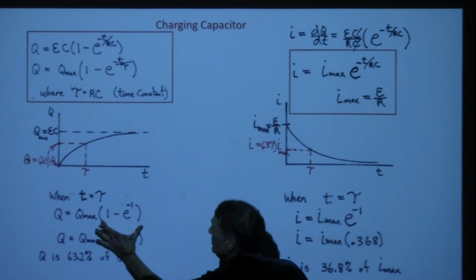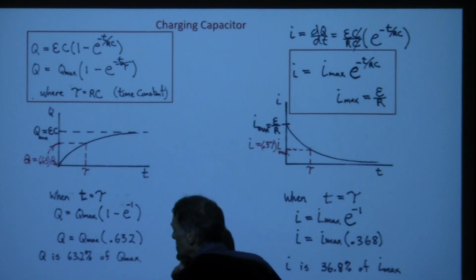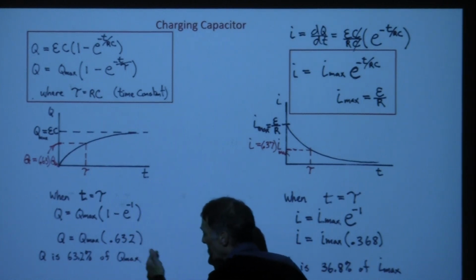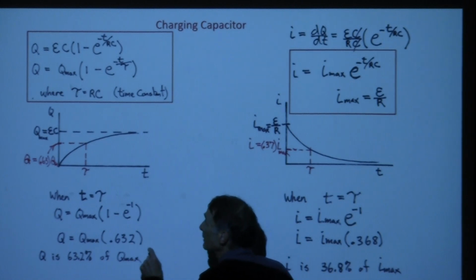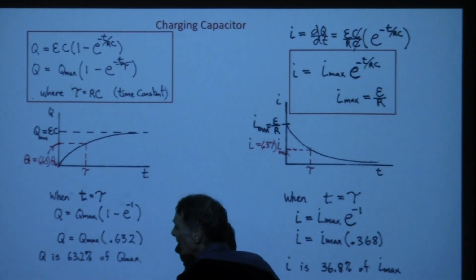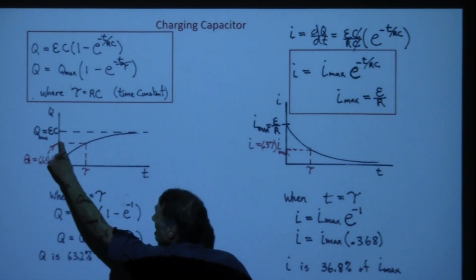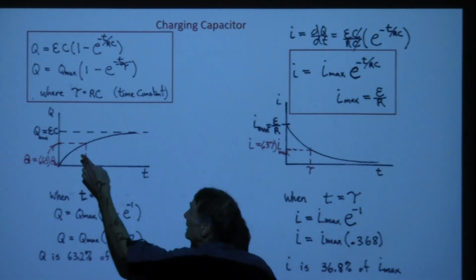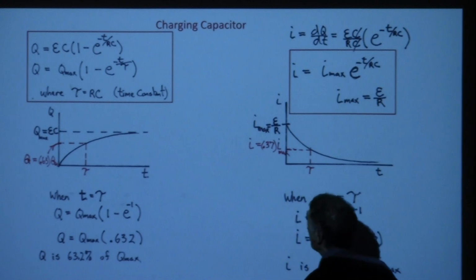Now, if you stick that into your calculator, you're going to get 0.632. That's just coming out of the math here. So what it tells us is not the full amount of charge, but after that amount of time, it's got a charge of 63.2% of the maximum value, or it's 63% fully charged after this tau.